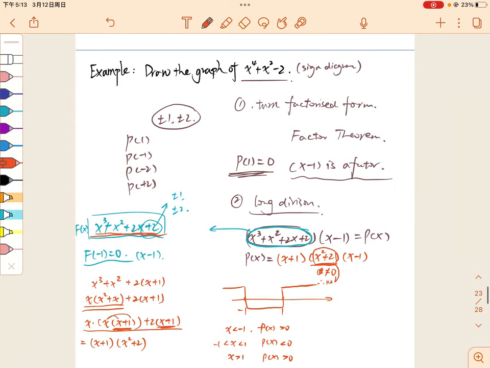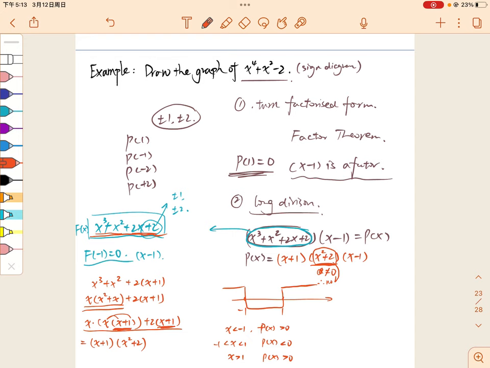Okay, so that's it. They won't ask you to draw a quartic function at this chapter by far, but after we do the calculus, they might ask you to draw it by hand. So that means in exam 1 where you don't have the CAS calculator.